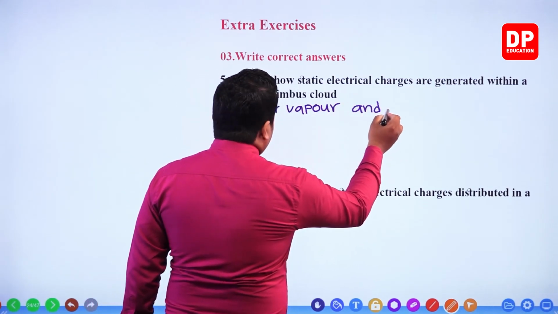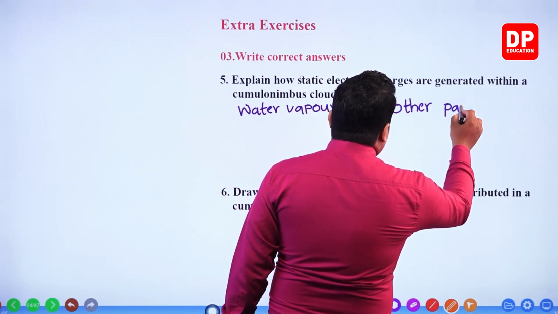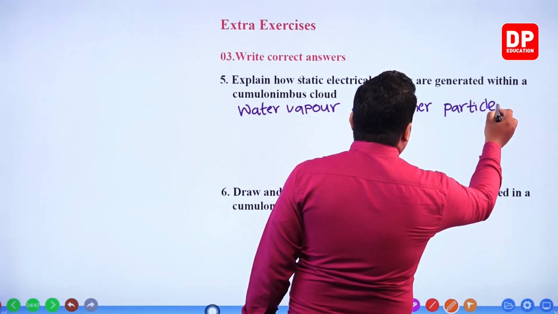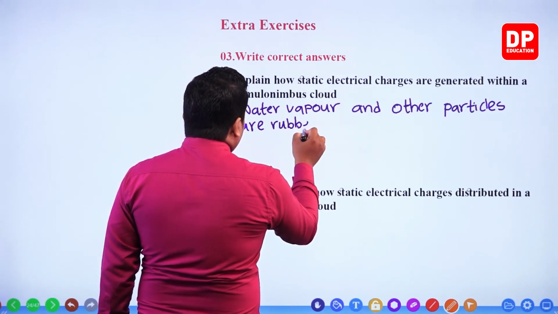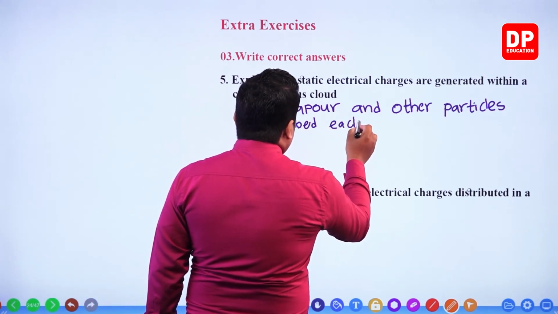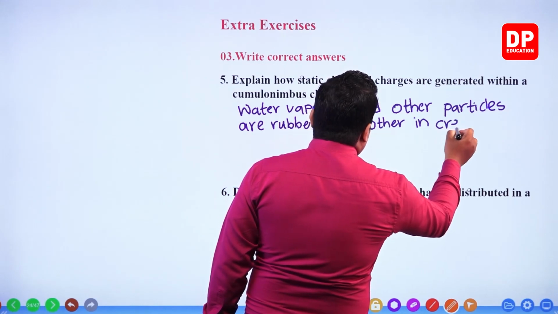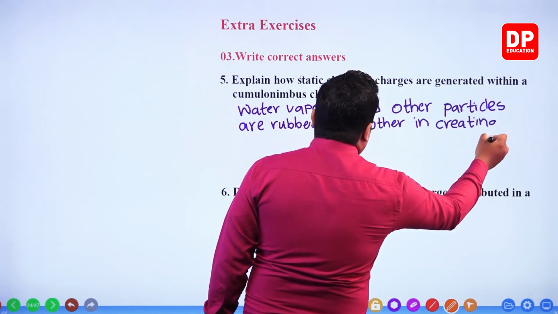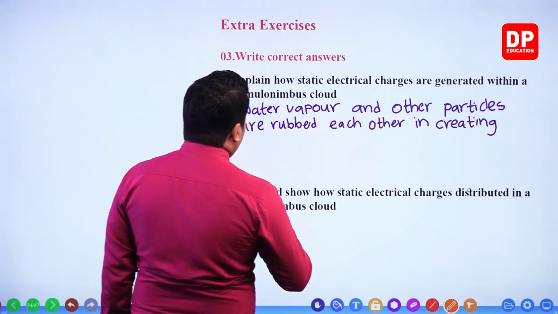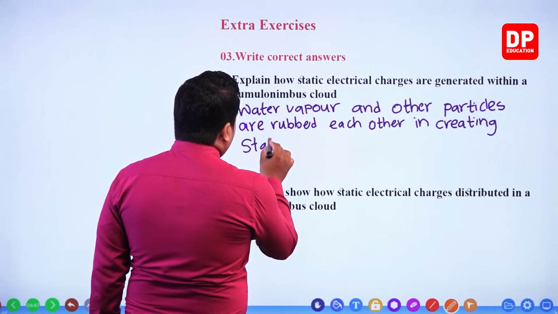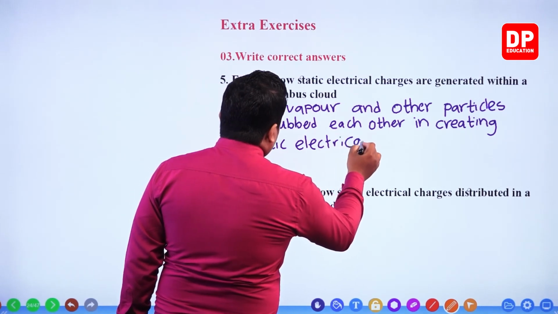So, water vapor and other particles are rubbed each other in creating static electrical charges.